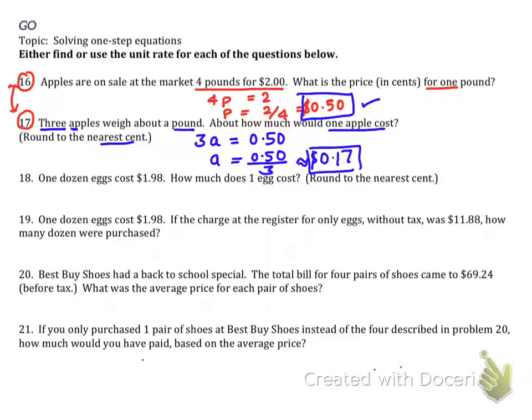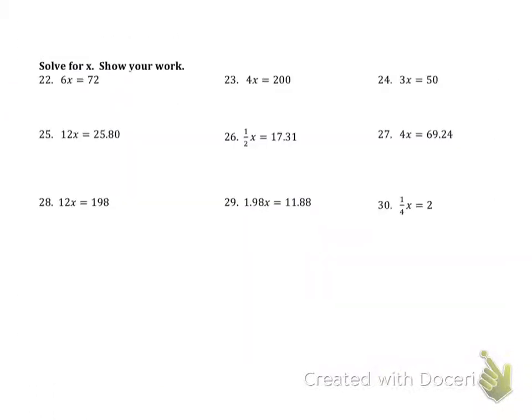Let's move to the next part. If I move here, I see these are equations, the way we created them here. I would discuss two questions here. Let's do question number 28. If I have to solve 12x is 198, I need to solve it for x, so I would divide both sides by 12.